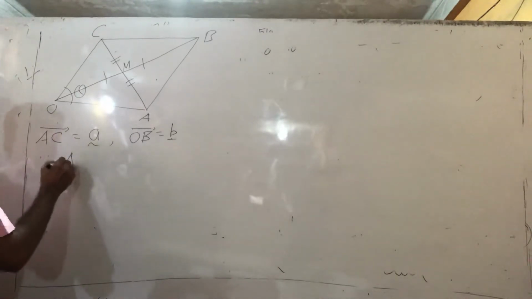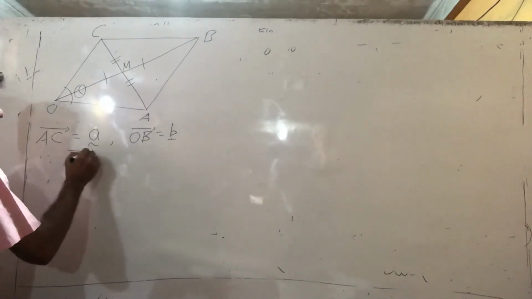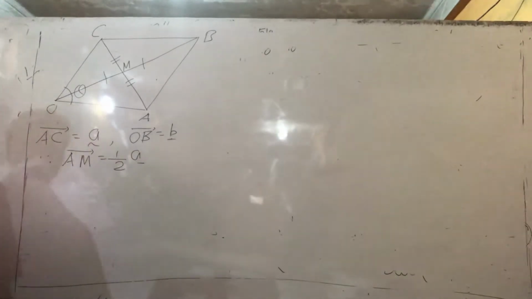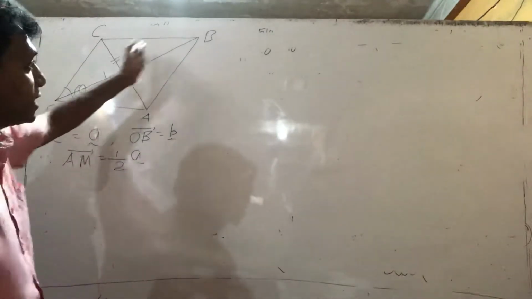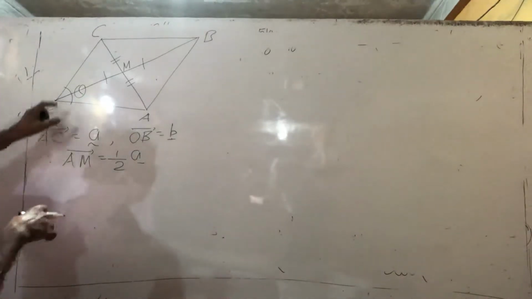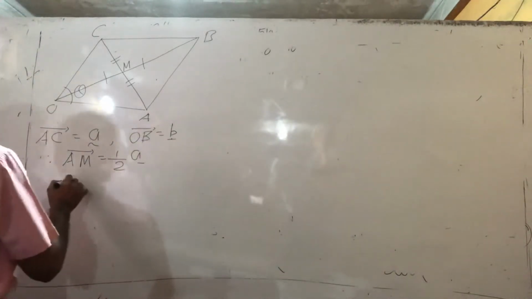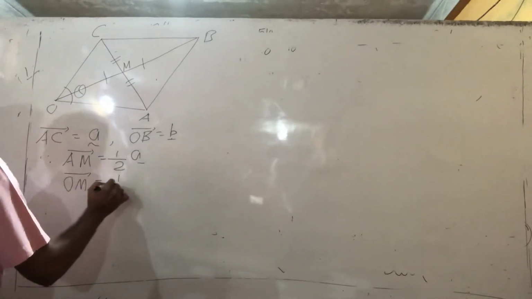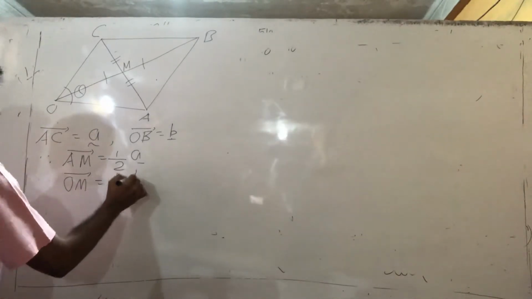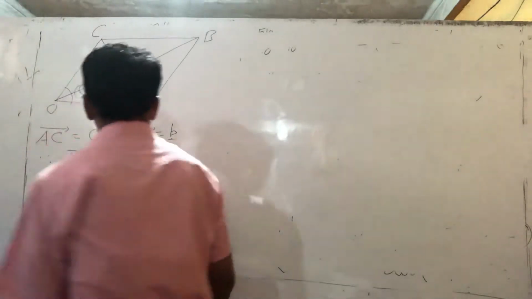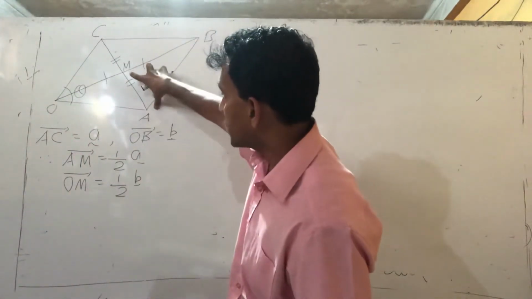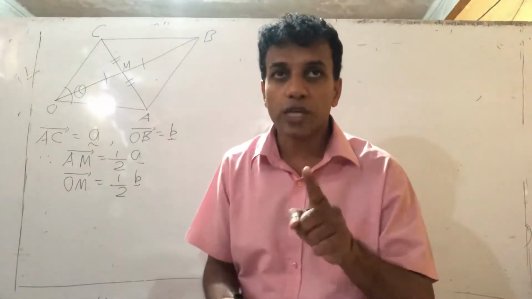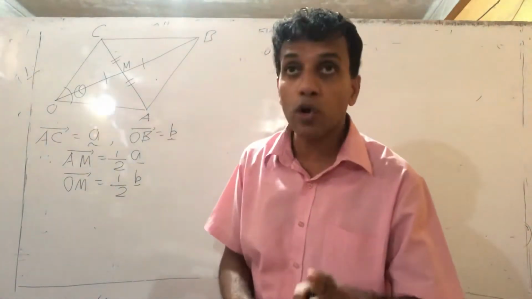Therefore, AM vector is half of the vector A. Same as if I take OB is vector B, then what is OM? OM vector is half times vector B. Okay, so you know the AM vector, you know the OM vector, you can find the OA vector. Use the vector addition for triangle OAM.